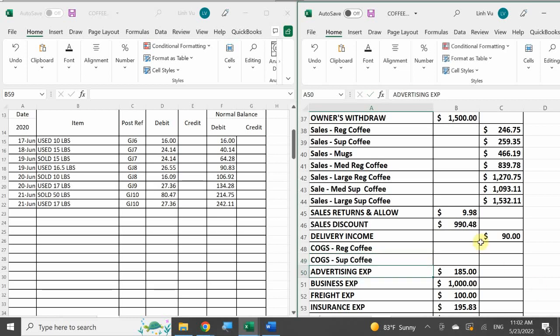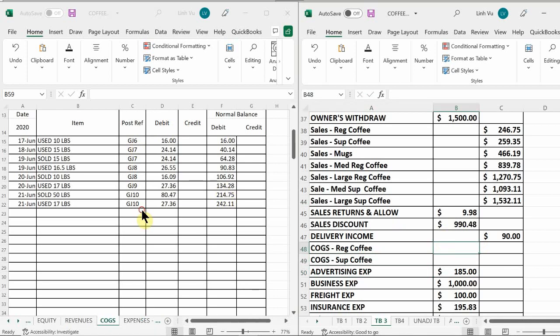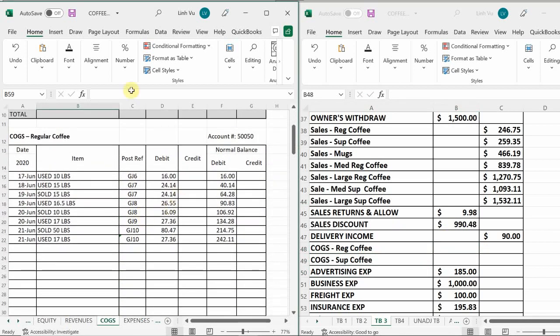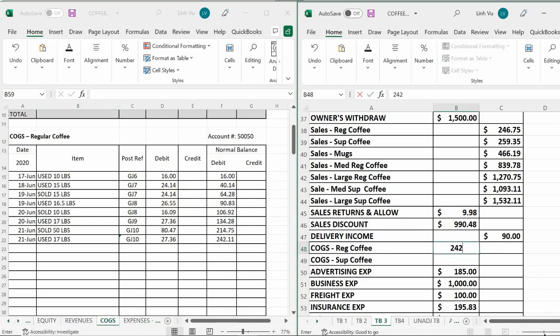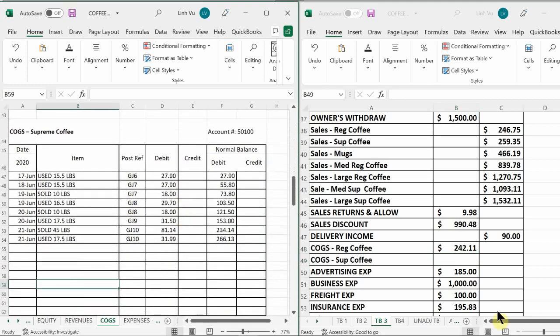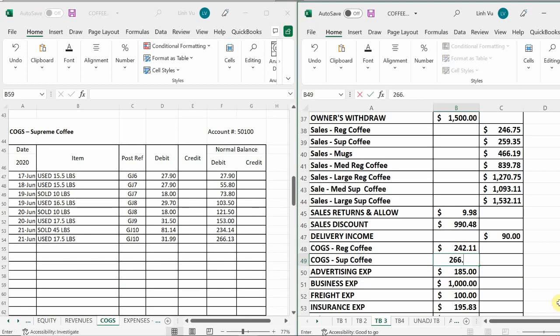What is my balance for regular coffee? 242.11 debit. And for supreme coffee, 266.13 debit. Good.